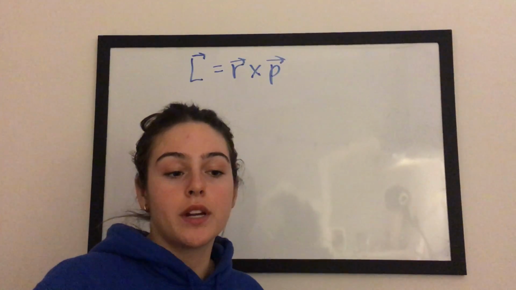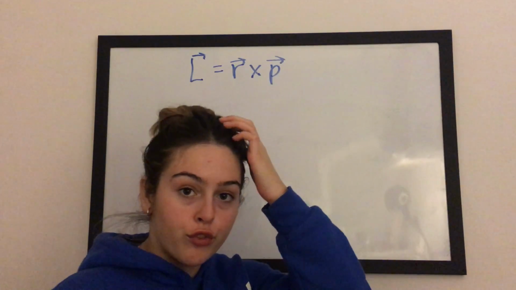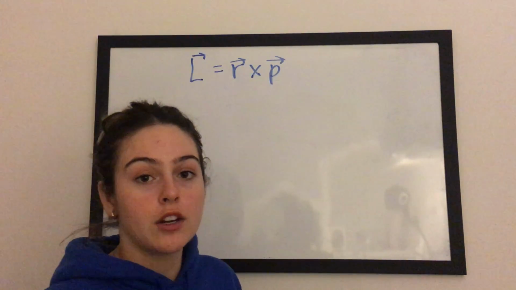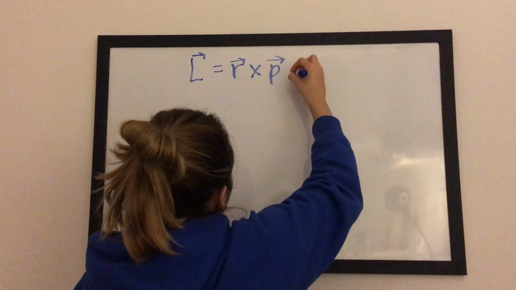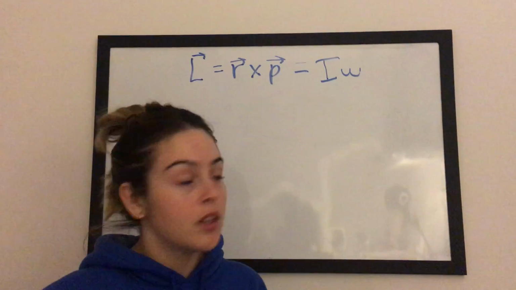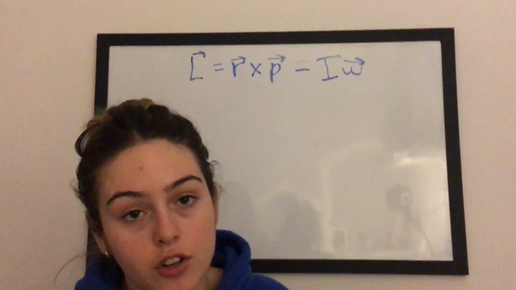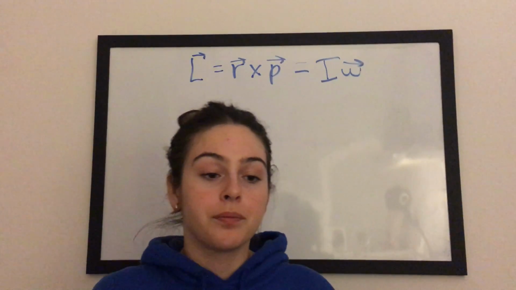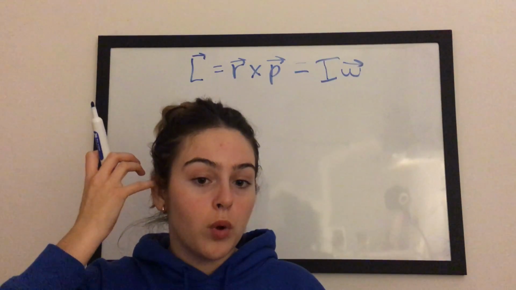Another formula that can also apply to angular momentum is that it equals I times W, where I is the inertia and W is the angular velocity.